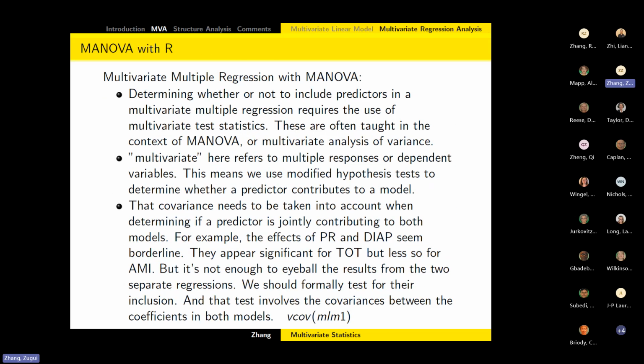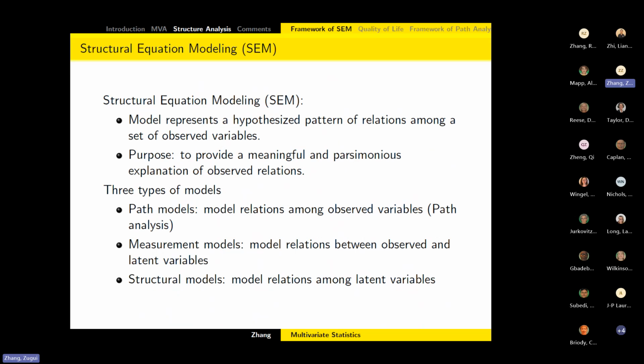So this is the very simplest way for us to run multivariate analysis, by using just multiple regression. In recent decades, when we are dealing with situations with multiple outcomes or responses, we often use factor analysis.